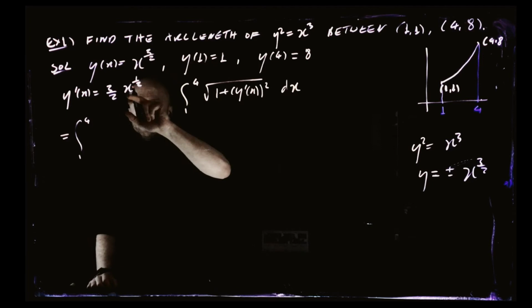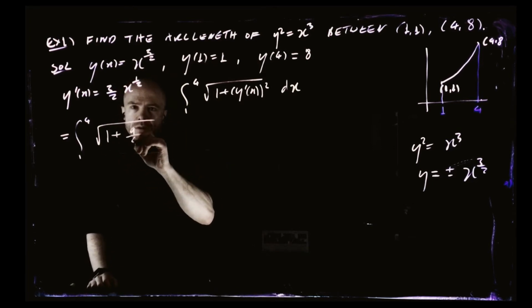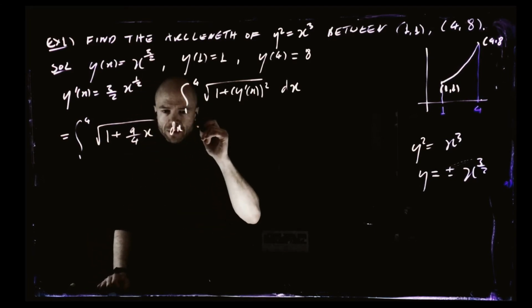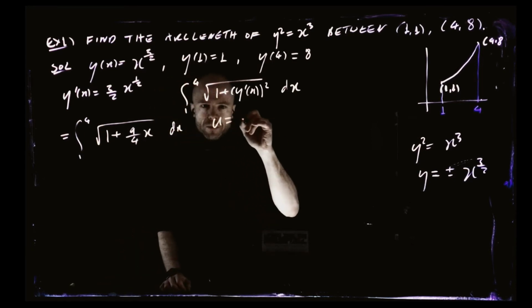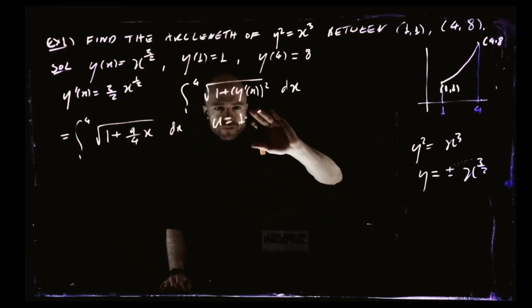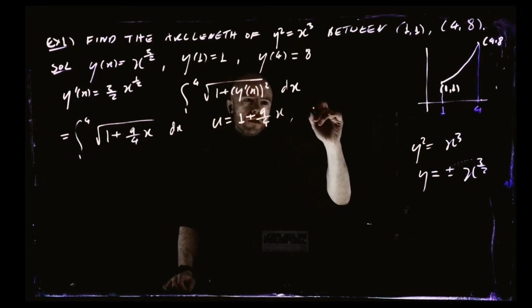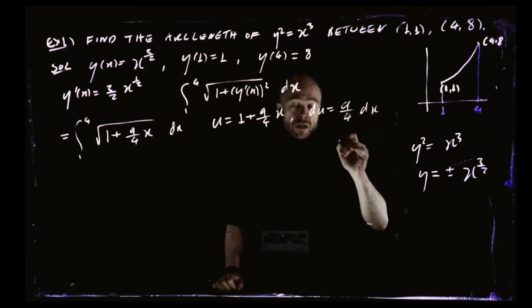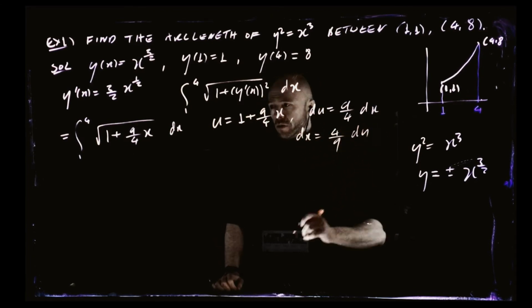So this thing is this guy, right? So when we square it, we're going to have 9 over 4 x dx, like this. Yeah? And then we're going to do a sub, so we're going to let u be 1 plus 9 over 4 x, therefore du equals 9 over 4 dx, therefore dx is equal to 4 over 9 du, like this.